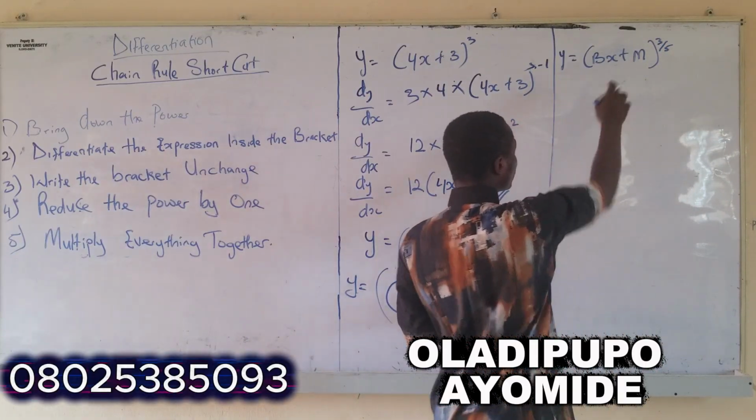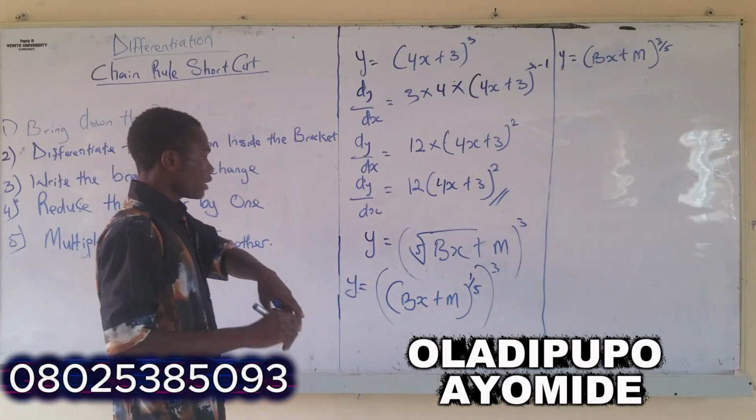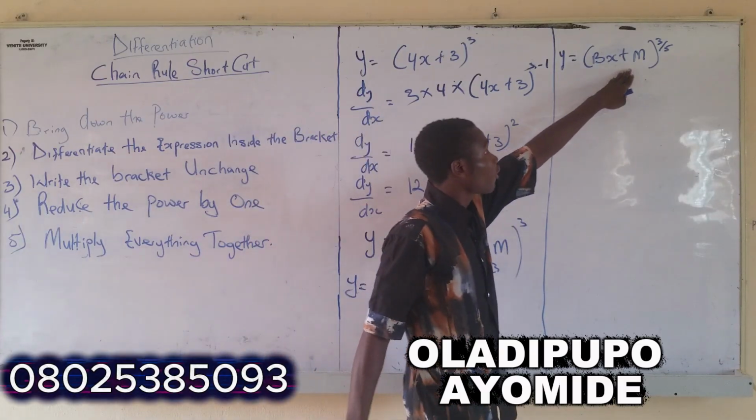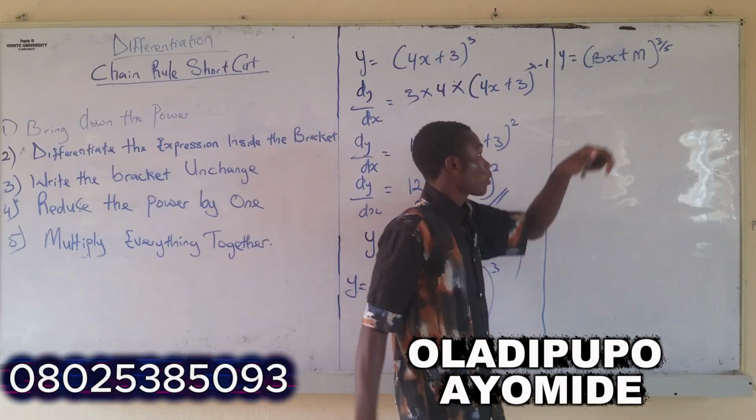So now, getting to this point, you have made these questions in the form of index. Then you can now apply the chain rule shortcuts.